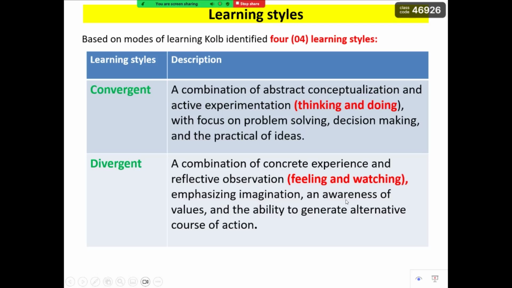And divergent is feeling and watching, a combination of concrete experience and reflective observation. Some people feel it and watch it, emphasizing imagination and awareness of values and the ability to generate alternative courses of action, right? So some people feel it and watch it while reading, while learning something.